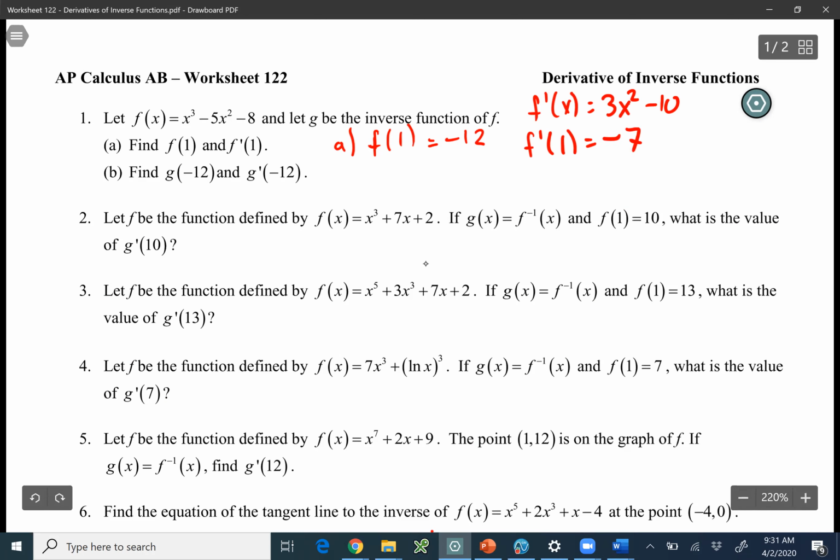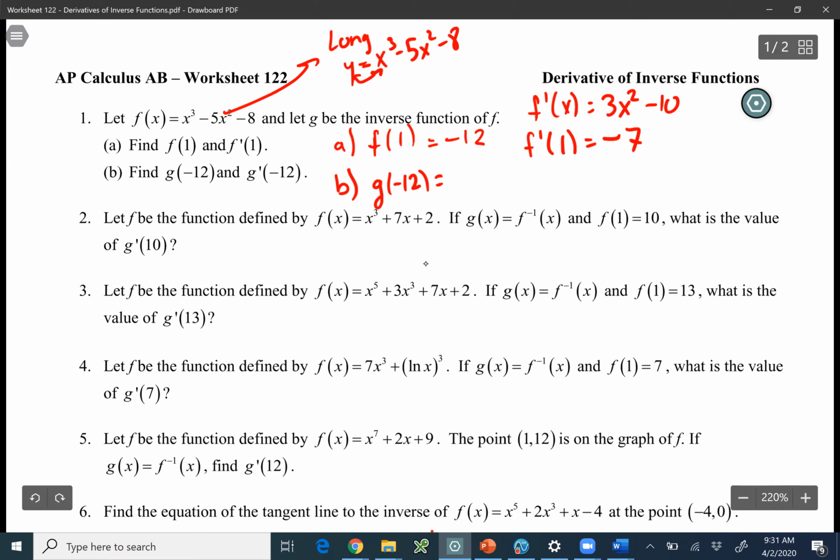Okay. Then B asks, find g of negative 12. Well, the long way of doing this would be to solve for g. Basically, the long way would be to say, okay, y equals x cubed minus 5x squared minus 8.